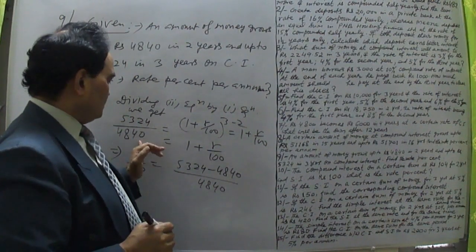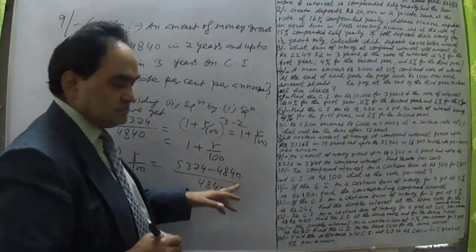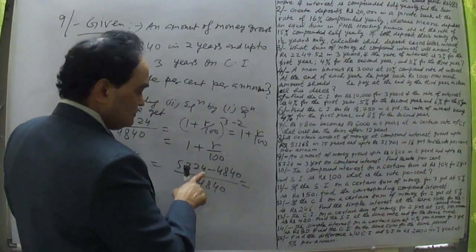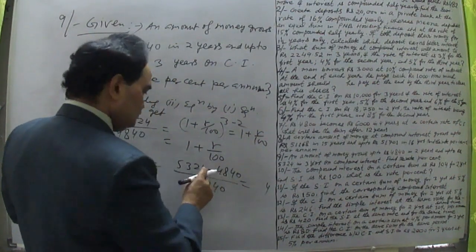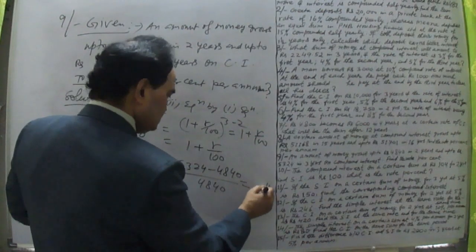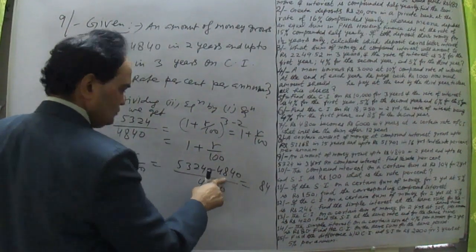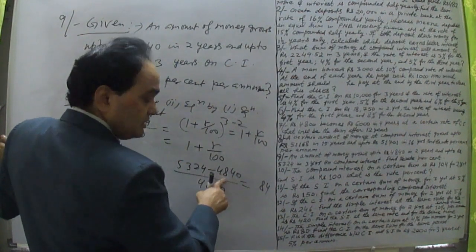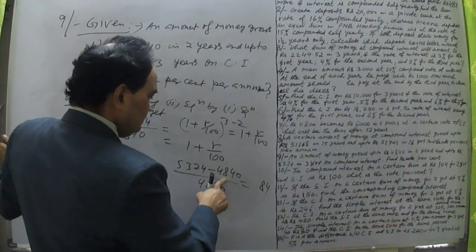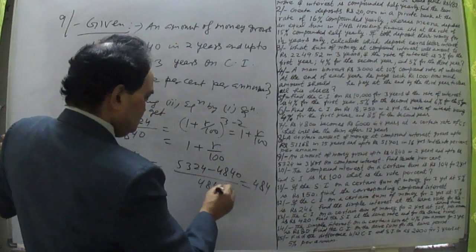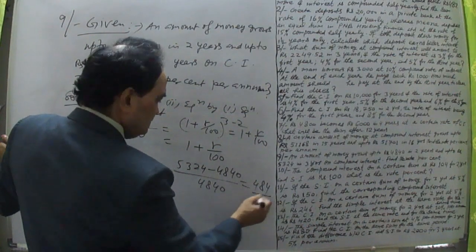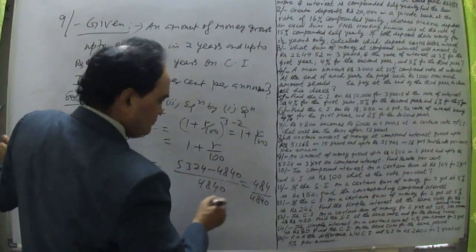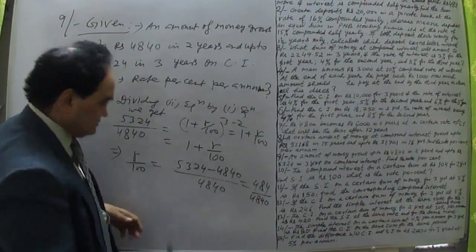Now let me find the difference in the numerator. 4 minus 0 is 4, 12 minus 4 is 8, 1 carry here 9, 13 minus 9 is 4, 484. Alright, divide by only this one, divided by 484. So what we see here, this is 1.10, completely 1.10, so r is equal to 10%.